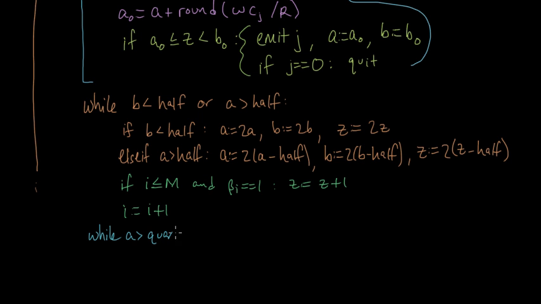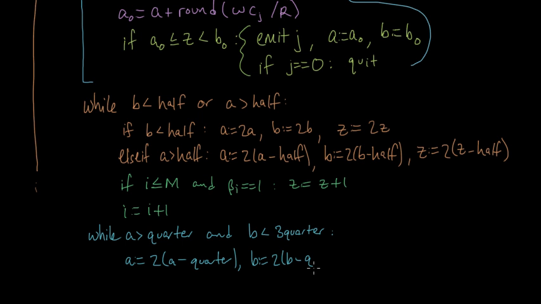So if a is greater than quarter and b is less than 3/4, or 3 times quarter, then we need to do the middle rescaling step, and that's just the following. a becomes 2a minus quarter, b becomes 2b minus quarter, and z becomes 2z minus quarter.